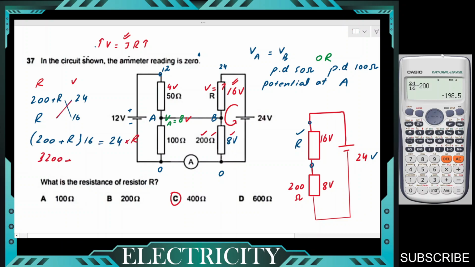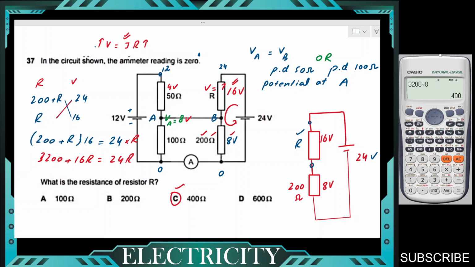16 twos are 3200 plus 16R equals 24R. Now I can hit it on the calculator. 3200 divided by 24R minus 16R would be 8R. So 400.